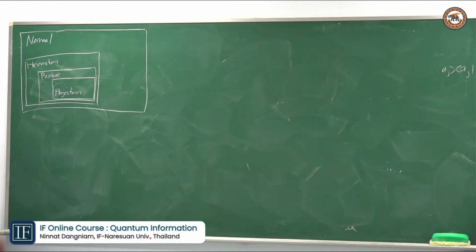We're going to get to that, but at least this makes sense, right? That you have this hierarchy, because for Hermitian operators, eigenvalues can be anywhere on the real line. For positive operators, it has to be on R plus, the positive real line. And then for projection operators, the eigenvalues can only be 0 or 1, right?